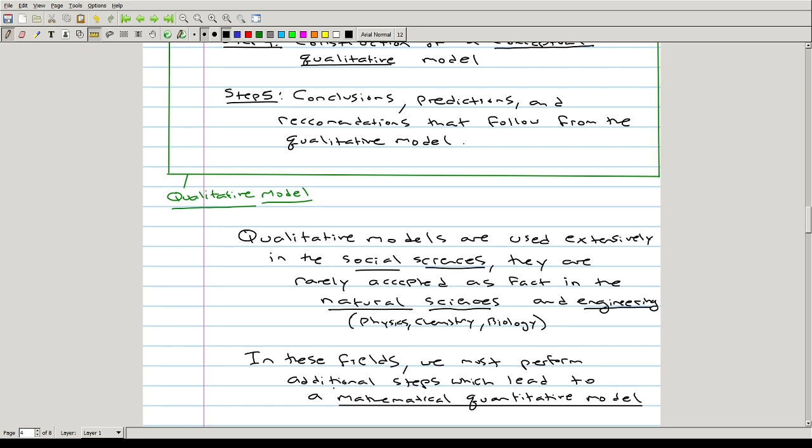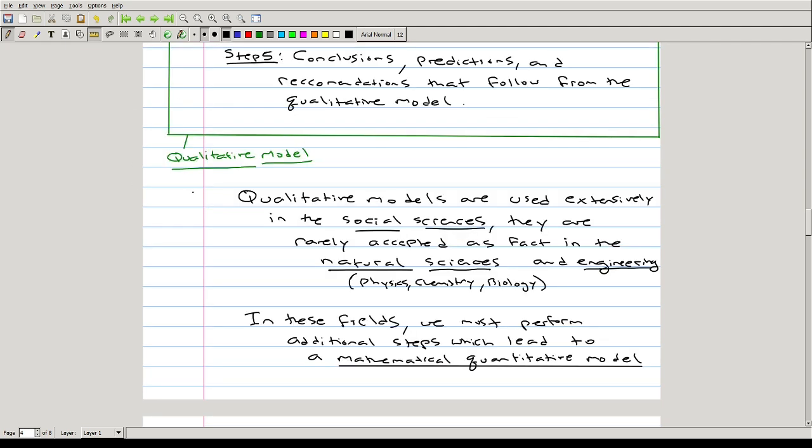So forming a qualitative model is very often a very useful first step and very important when constructing a given physical theory, or a given mathematical model. But we need to do more as natural scientists, engineers, and applied mathematicians to construct real-world models.